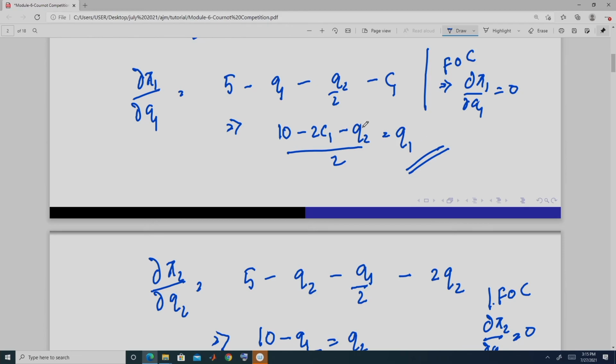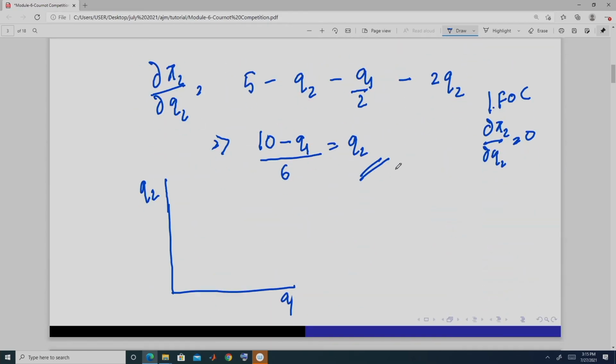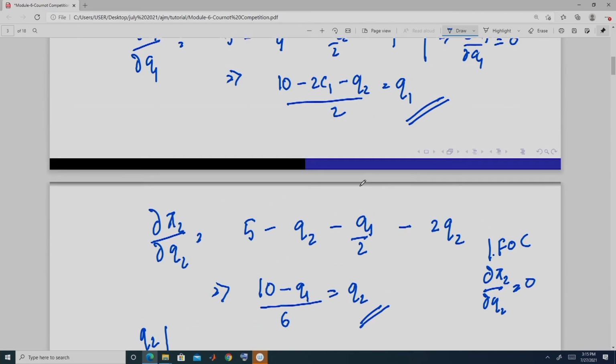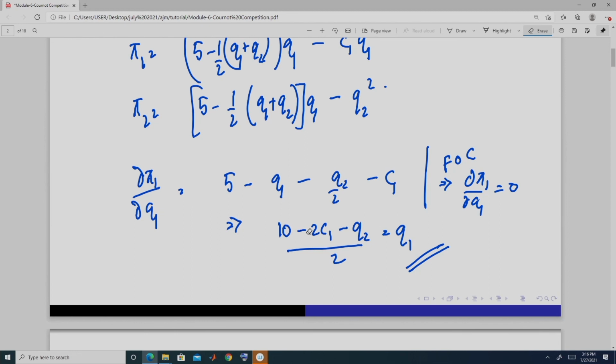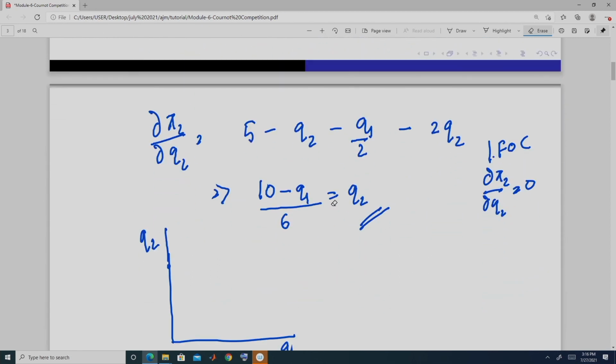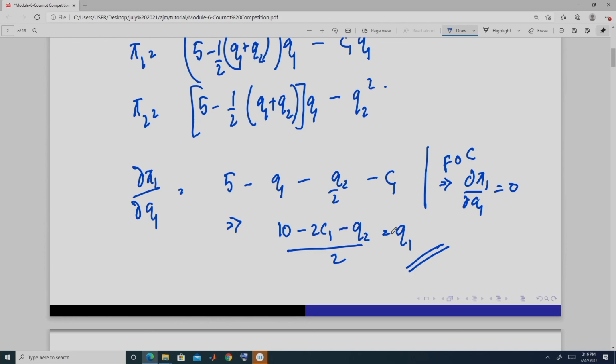when this is equal to 0, it is this, this is 5, and when this is equal to 0, then, because when Q1 is equal to 0, this point is going to be 5 minus C1, and when Q2 is going to be 0, then it is this.